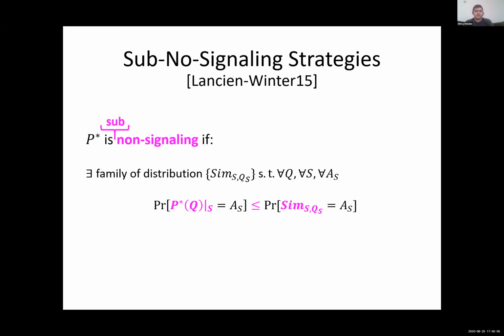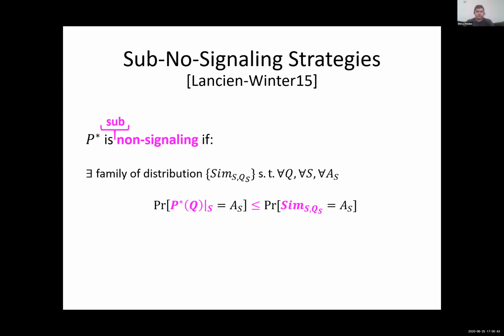So what do we mean by sub-non-signaling? There's an alternate formulation of the non-signaling condition: there exists a family of distributions such that the probability that some subset of the provers outputs these answers is equal to the corresponding simulated distribution. This is an alternative way of expressing that the provers' answers only depend on those queries.